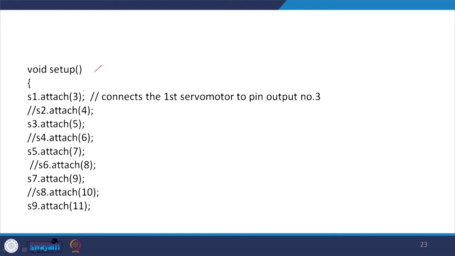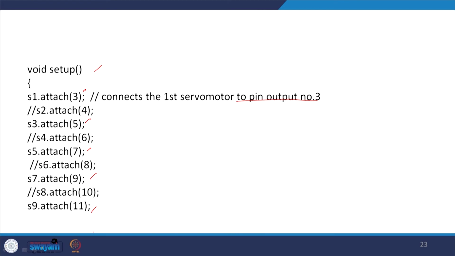So, S1 attach 3, attach 5, attach 7, 9 and 11. So, we are assigning pins 3, 5, 7 and 9: connect the first servo motor to output pin number 3. Similarly, the third to output pin number 5, the fifth to output pin number 7 and so on.